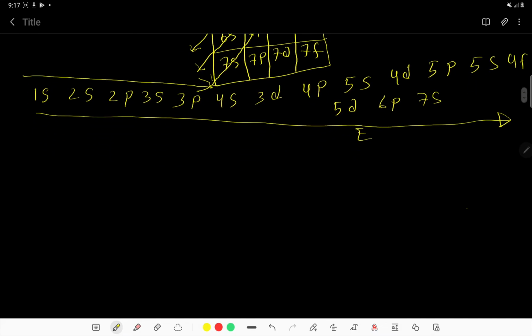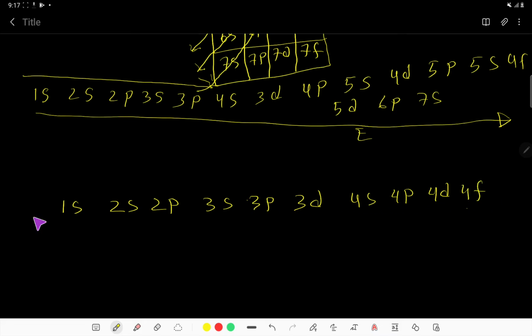So look, we know that in the first shell we have one subshell, that is 1s, then in the second we have two subshells, 2s, 2p, right? In the third shell we have three subshells, 3s, 3p, 3d, right? Then in the fourth shell we have 4s, 4p, 4d and 4f.